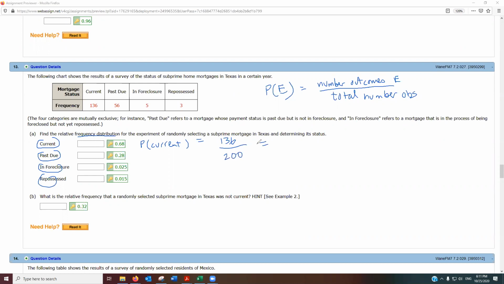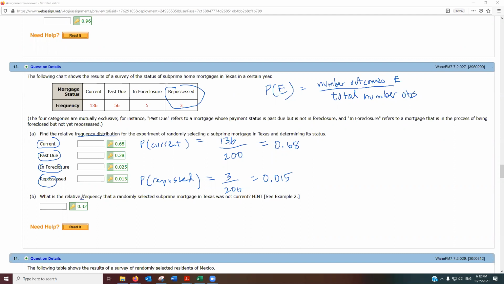So this is 136 divided by 200, which is 0.68. All right, let's do one more. How about the probability of repossessed? Well, that would be the number of repossessed, which is 3 from the table, divided by the total number of observations from the table. 3 divided by 200 is 0.015.